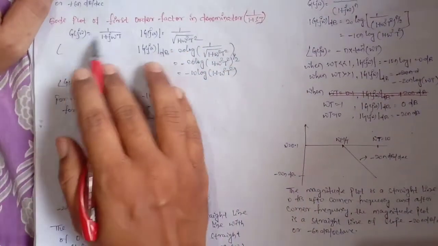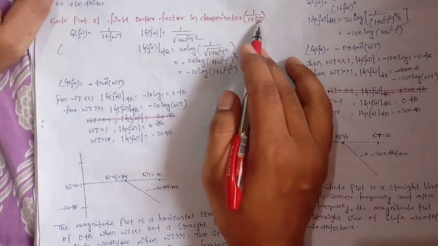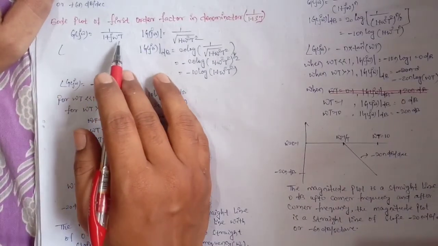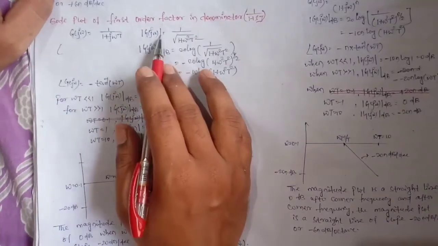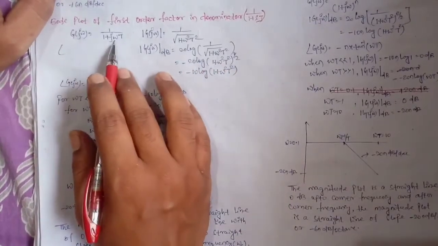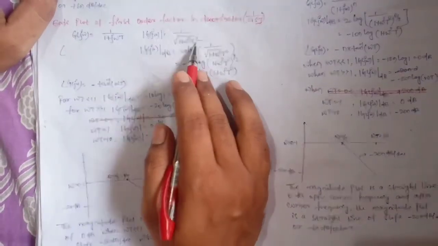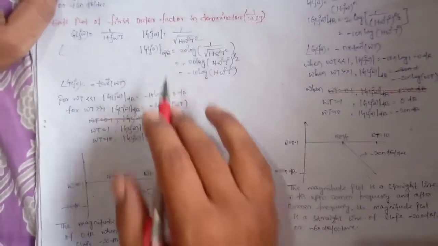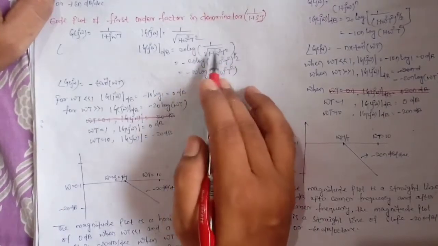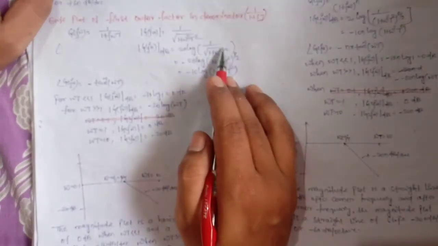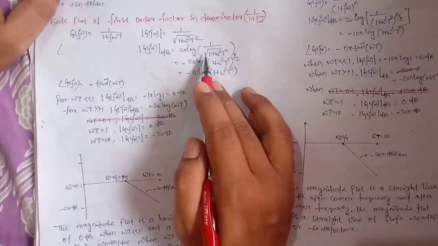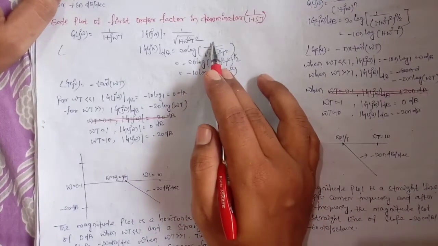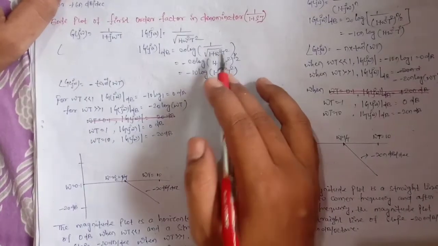Simply I will take the magnitude. So 1 by 1 plus st. In frequency domain it is 1 by 1 plus j omega t. So magnitude will come as, 1 by a plus jb, root a square plus b square is the magnitude. If I take it in dB, then 20 log of this value. As it is a root of something, it is to the power half, in the denominator.